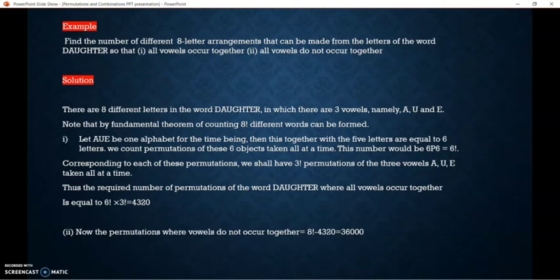So together, the number of words in which vowels will be occurring together is exactly equal to 6 factorial multiplied by 3 factorial, that is equal to 4320 words.